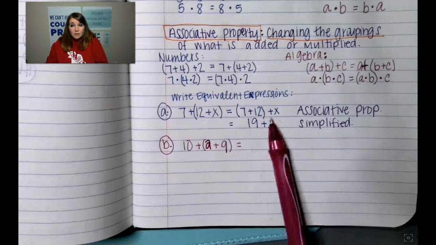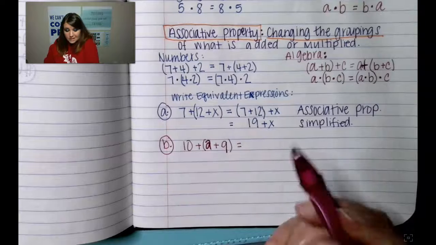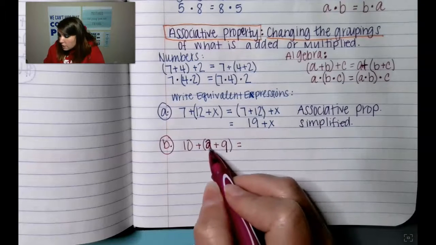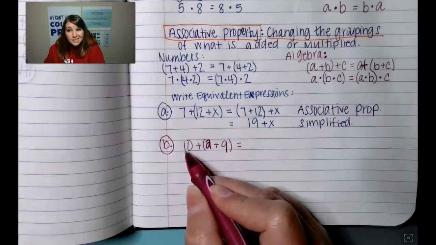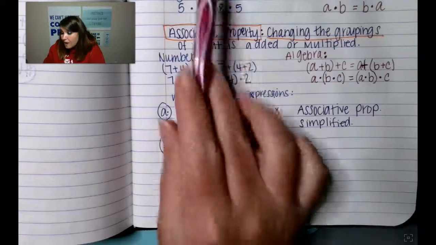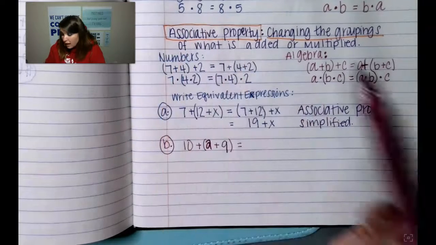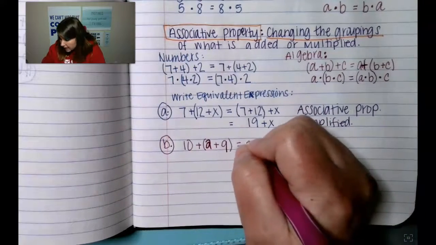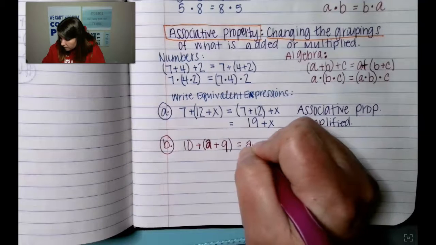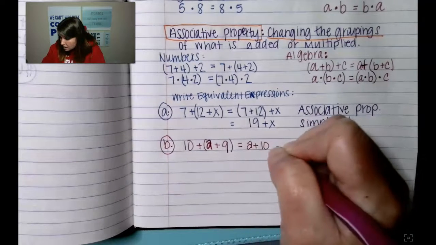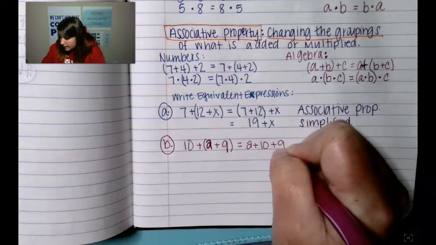Usually we want it towards the beginning. So I'm going to switch places with the A and the 10 because it says up above that I can commute my numbers around. So I am going to say A plus 10 plus 9.